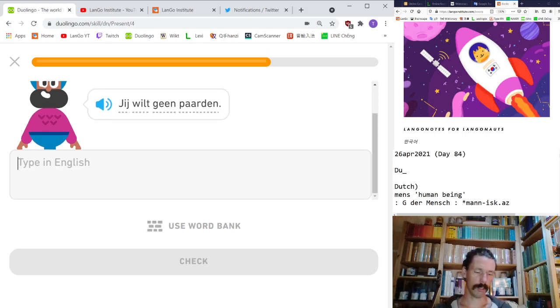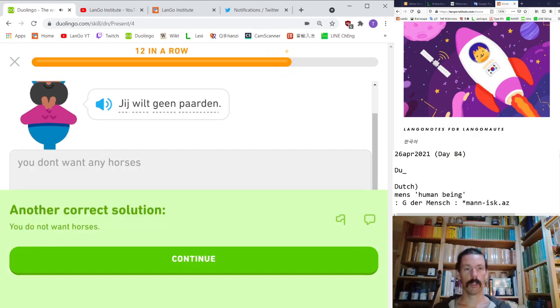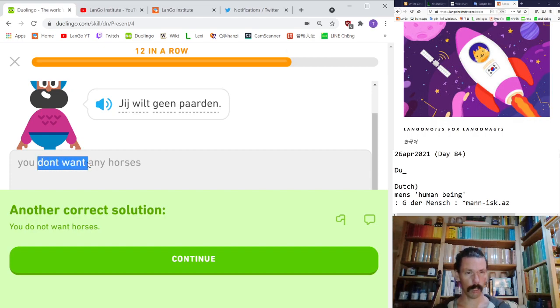Okay, so what English does as far as negation: you don't want any horses. Dutch has this negative determiner with the noun, geen, in the noun phrase. These two, geen paarden, no horses, are within a noun phrase together. Whereas in English, we negate the verb, you don't want, do not want. And then in the noun phrase itself, we have this word any, which is not really negative.